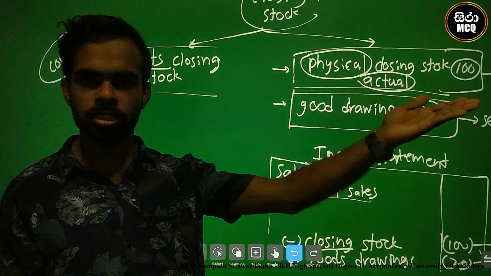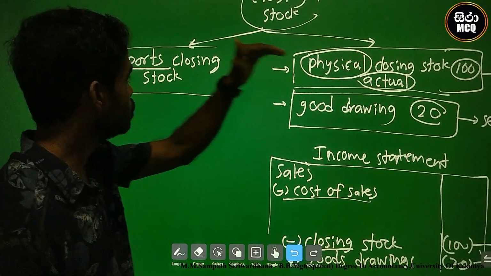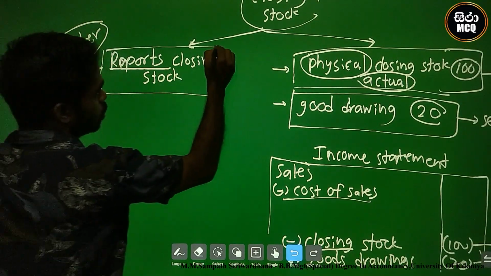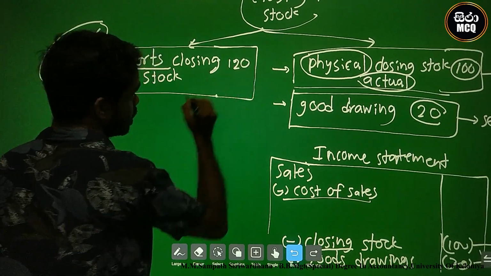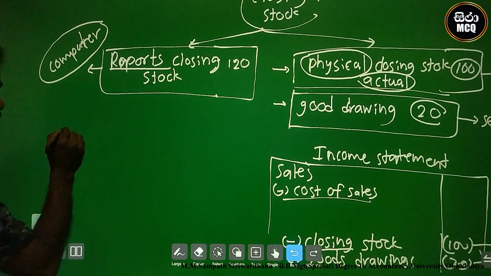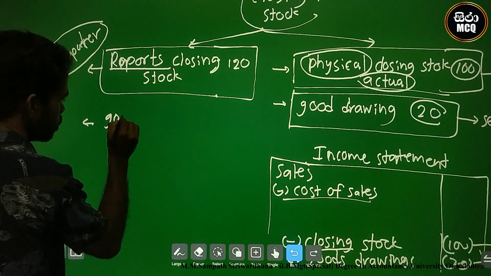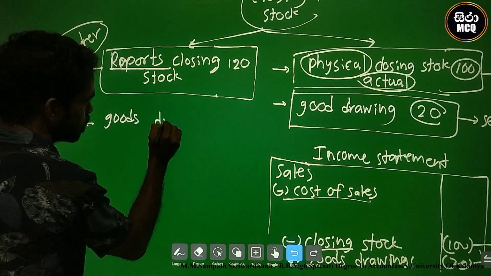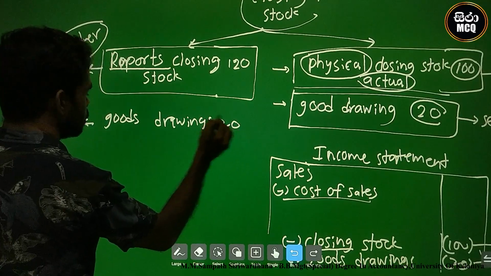Why? There is a computer stock, but this one is physical, actual. This one is per report, look here, 120. At this time, another piece of information is goods drawings 20.